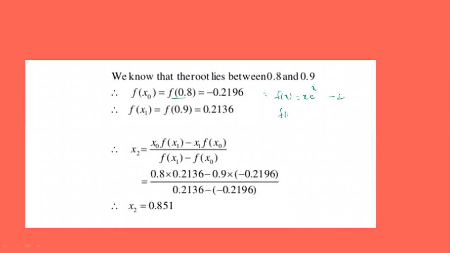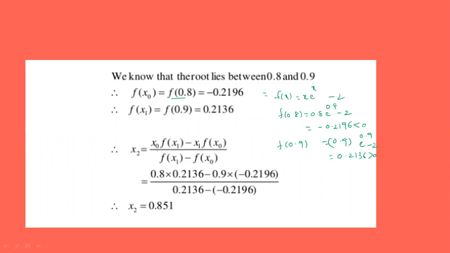So f of 0.8 is 0.8 into e power 0.8 minus 2, that is minus 0.2196 less than 0. And your f of 0.9 is 0.9 into e power 0.9 minus 2, that is 0.2136, which is greater than 0. So this is less than 0, this is greater than 0.